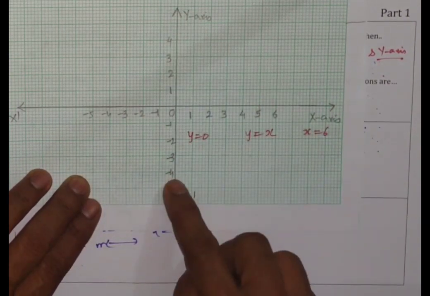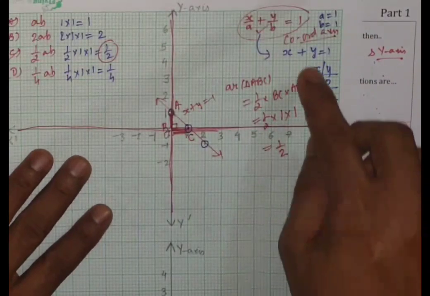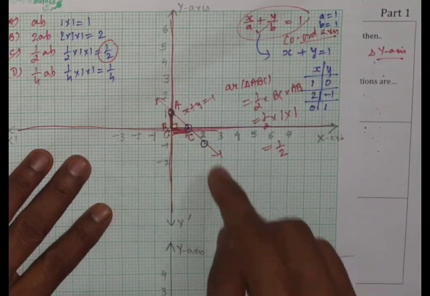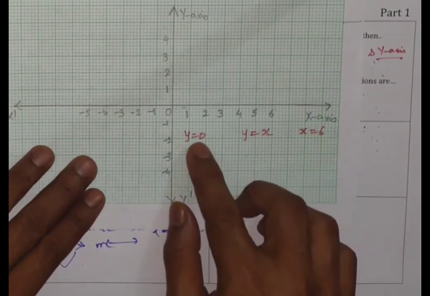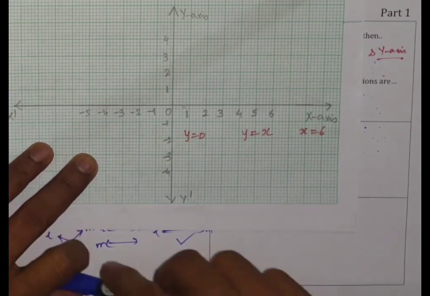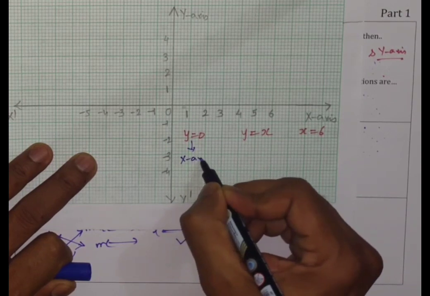X-axis, y-axis. Alright, we have three equations. In the previous case, we had the two coordinate axes, x-axis and y-axis, and one line. In this case, we have y equal to 0. That is x-axis, children. Y equal to 0 is the x-axis.